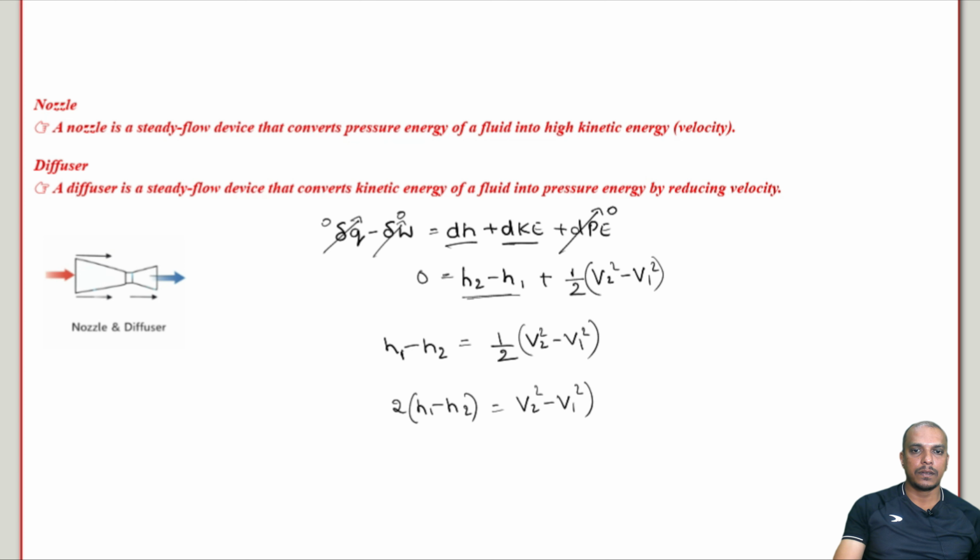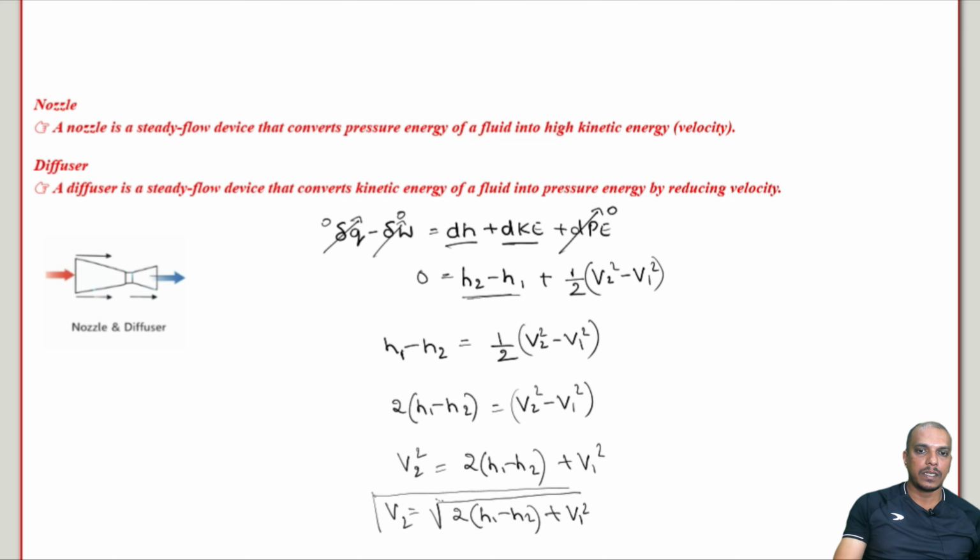Or we can say V2 square is 2 into H1 minus H2 plus V1 square. Or we can also write V2 is equal to square root of 2 into H1 minus H2 plus V1 square.